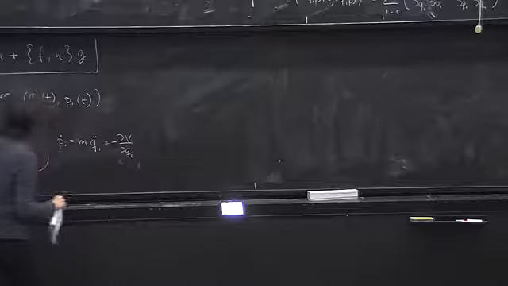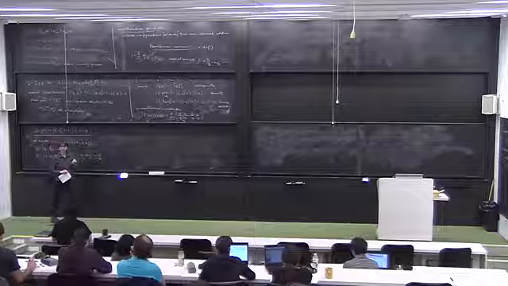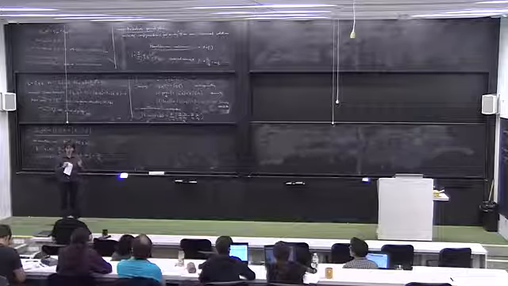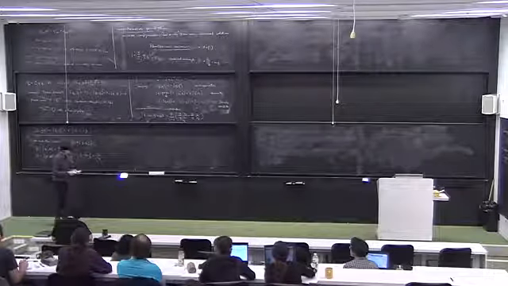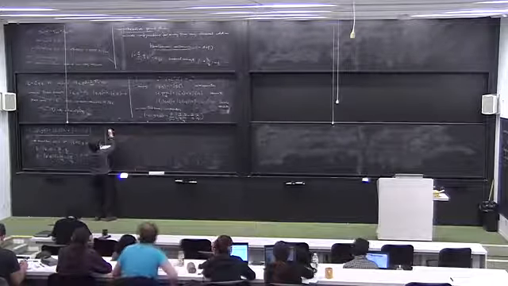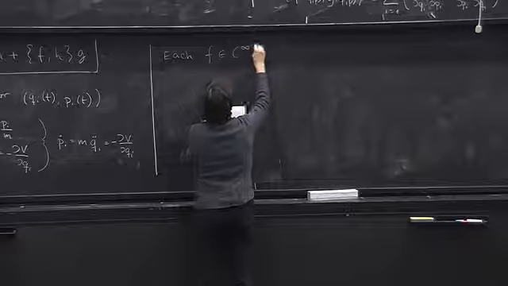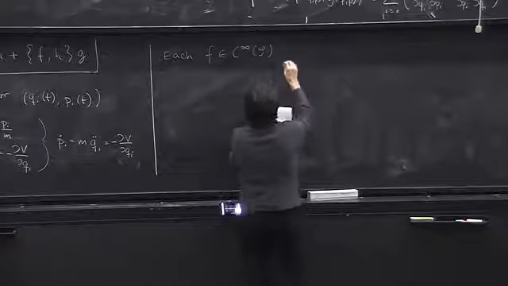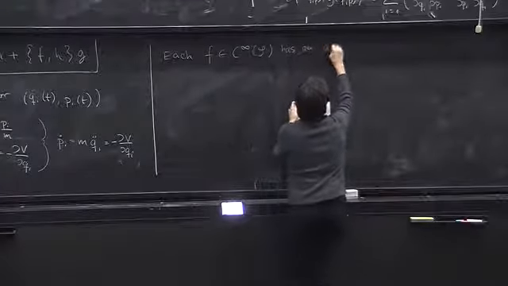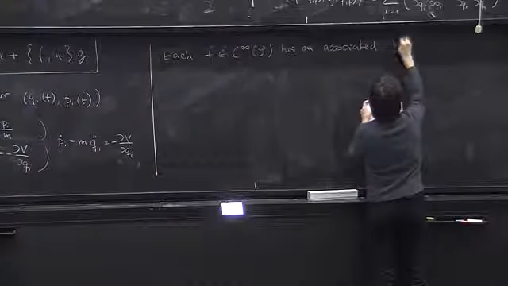And as part of this, I urge you also to think of the coordinates, the Qi's and Pi's, as particular cases of functions, namely the coordinate functions on phase space, because to them in particular applies this construction. So what is the association? It goes as follows. For each function F in C infinity of S, one has an associated so-called Hamiltonian vector field.